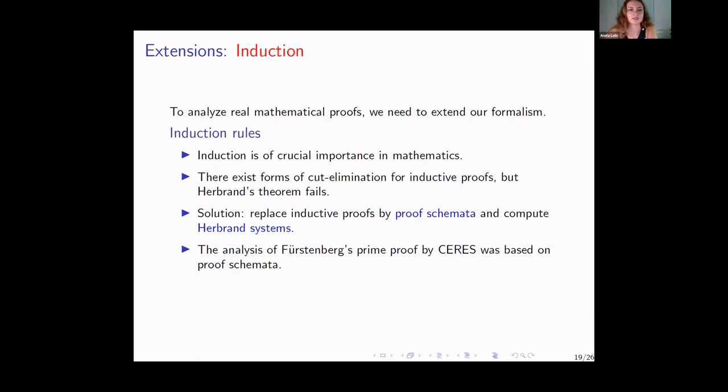And the last extension is still an ongoing investigation. Most mathematical proofs, I'm sure you will agree, have some inductive step, right? They use induction. And to analyze these proofs, we have to deal with induction. However, when we have induction in proof theory, basically most proof theoretic concepts fail, and so does cut-elimination.